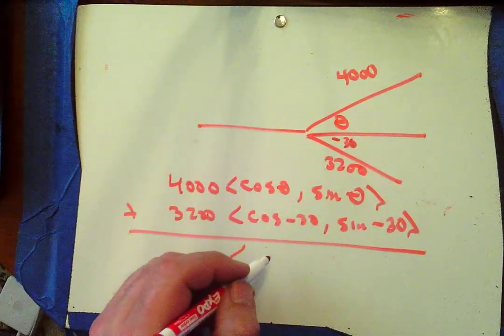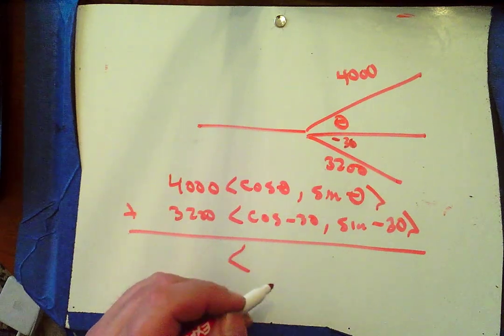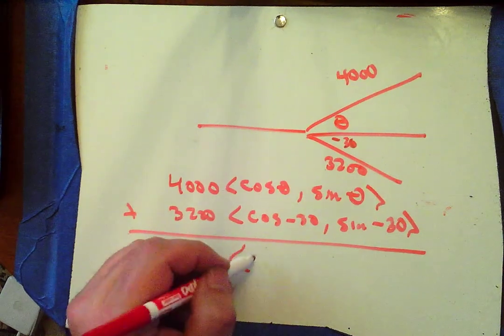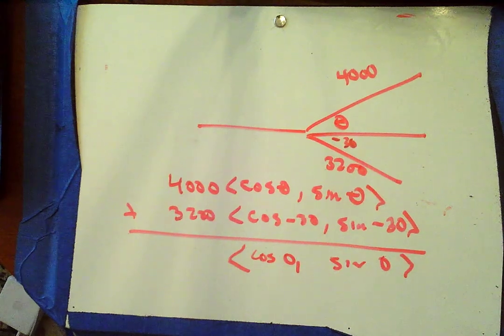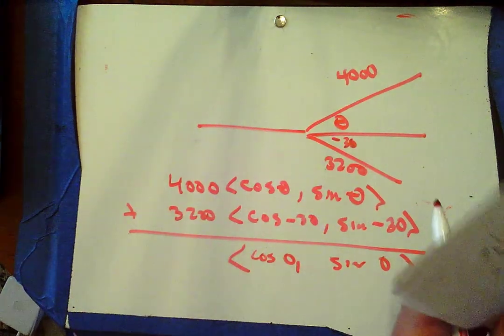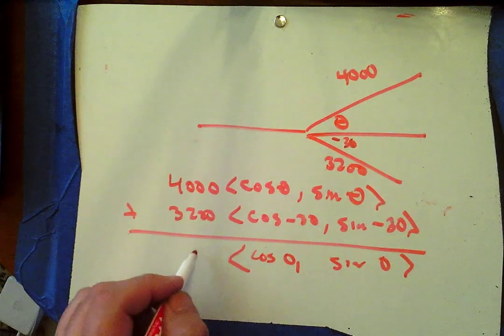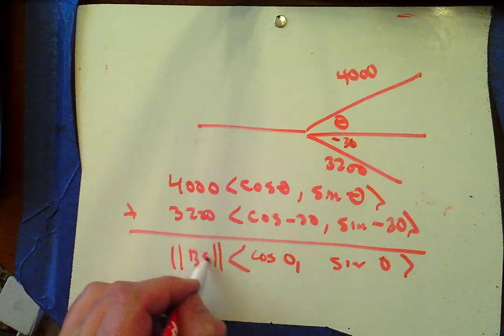And so I'm going to say cosine 0, sine 0. Okay, and here we want to find theta. Now, I don't know what the magnitude of the big ship is. Some sort of big ship magnitude.